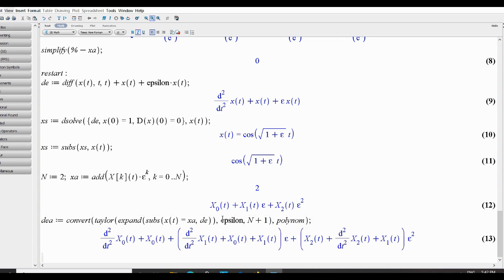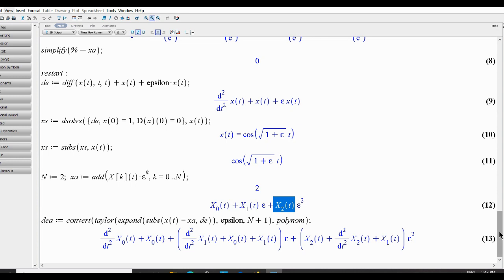So now I've gone up to second order. Now you realize that the initial condition is x equal to 1 and x dot equal to 0. That means x0 is equal to 1 and x0 dot is equal to 0, and x1 is also 0, x1 dot is also 0, x2 is also 0, x2 dot is also 0.